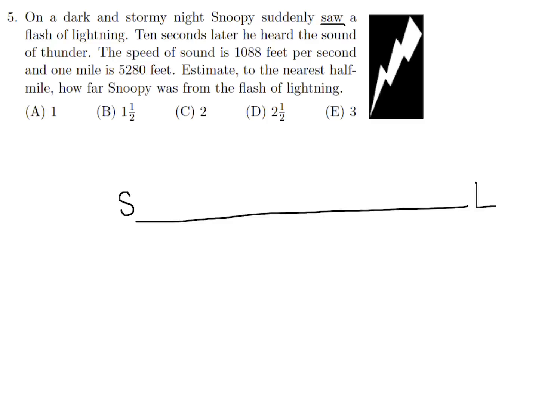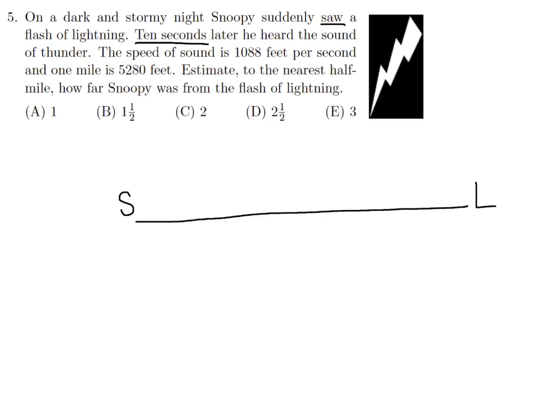It's usually not 10 seconds. 10 seconds is a long time. It's usually like 1 or 2 seconds. And the reason you'll see it before you hear it is because the speed of sound is slower than the speed of light, right? But we don't need to get into all that. We just need to figure out how far away is the lightning.